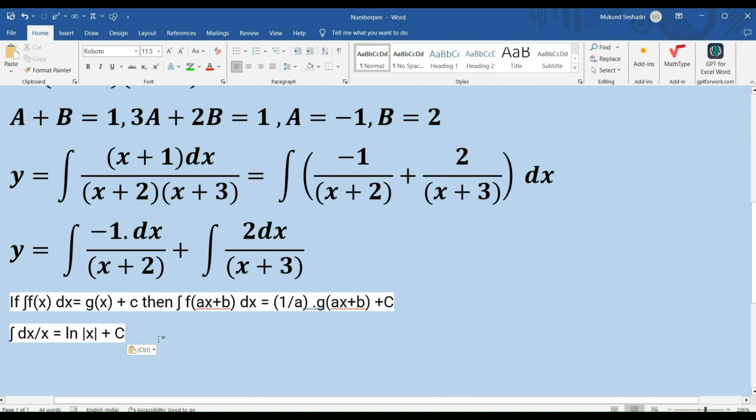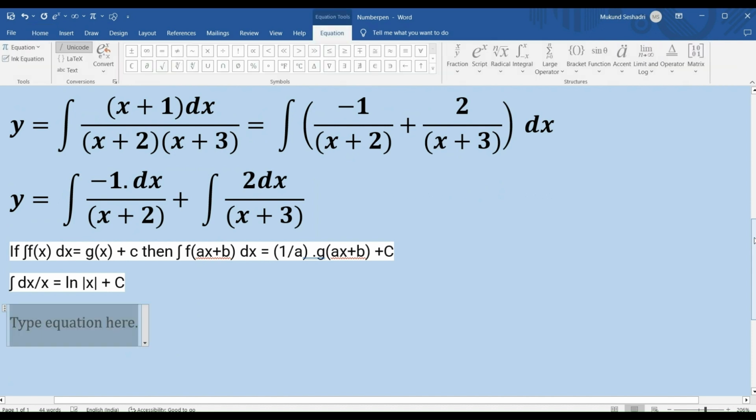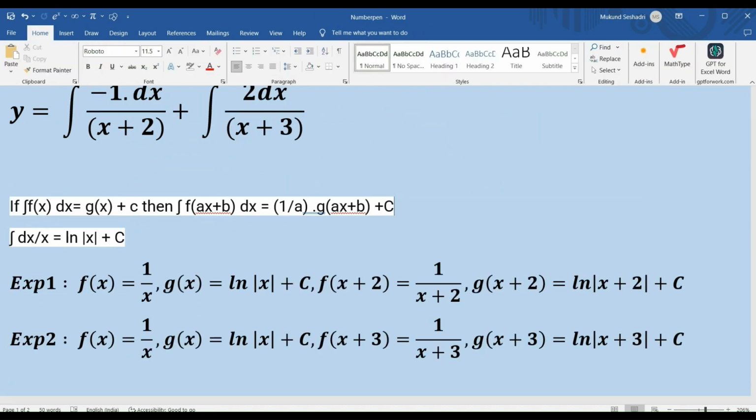So let's connect it with what we have above, and I'm going to keep that minus 1 aside, right? And what we have in place of f of x and f of ax plus b, let's write that down. So there we are. My f of x is 1 by x, and therefore my g of x equal to ln of mod x plus c.